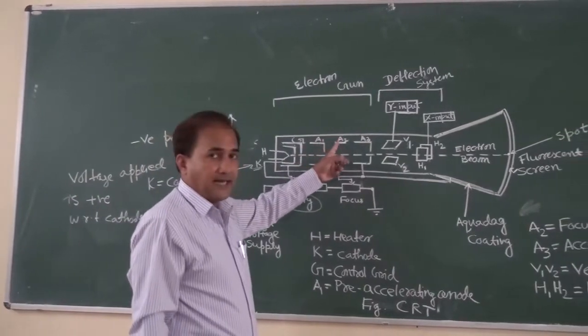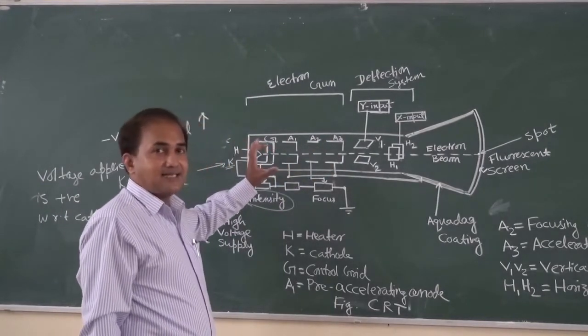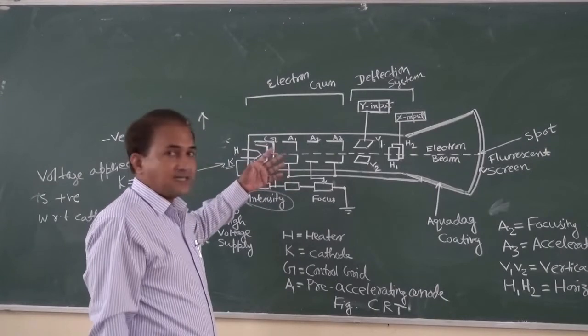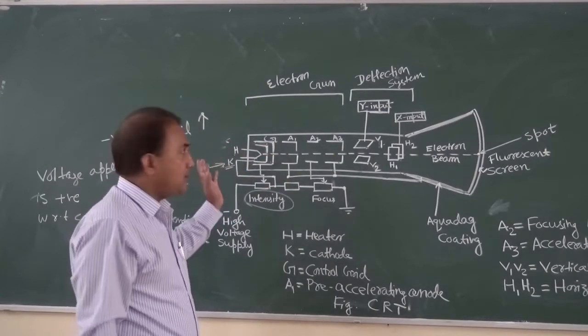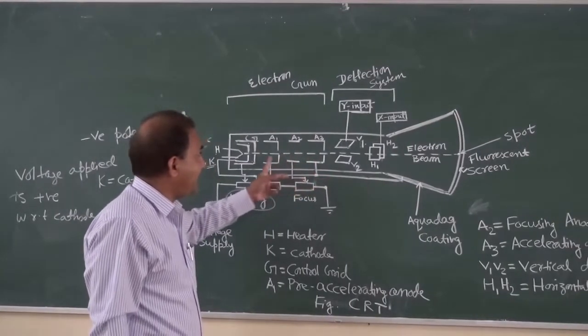At A1, A2 and A3, the potential is positive and it is more as compared to the cathode. A3 is much more as compared to A2 and A1.